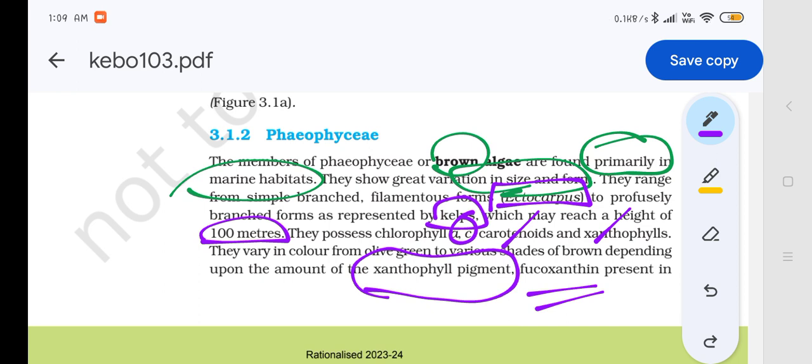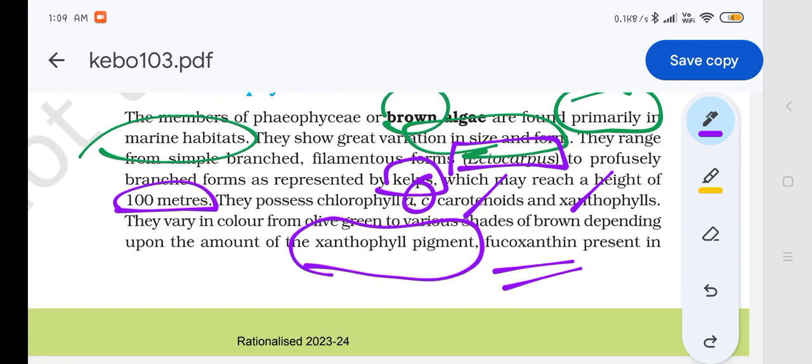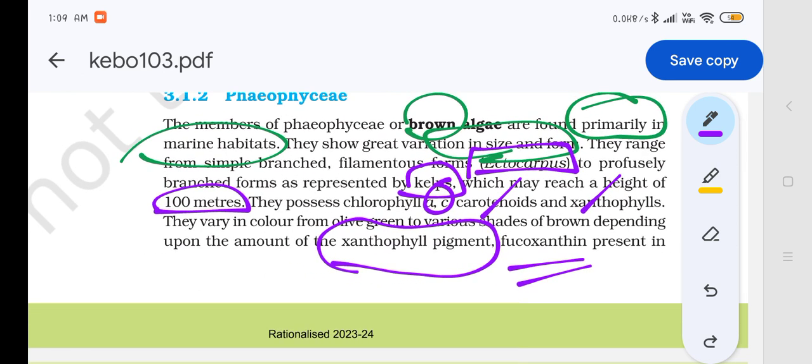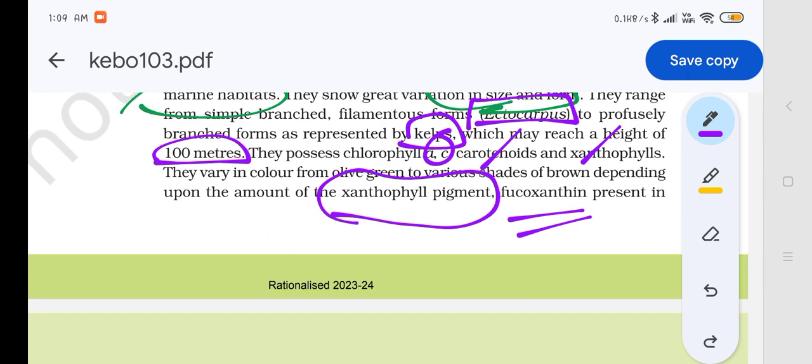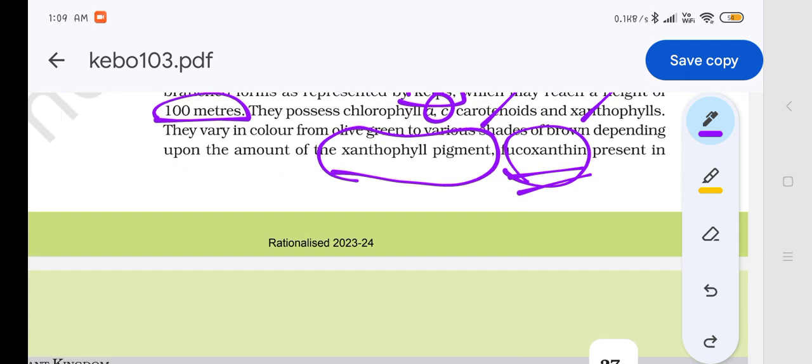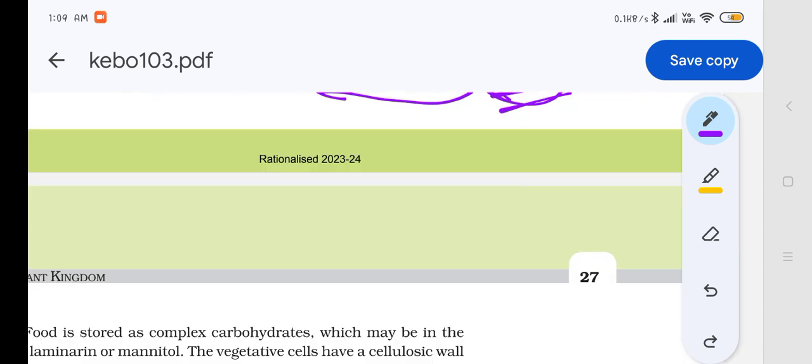They show great variation in size and form. Ectocarpus is simply branched, kelps are profusely branched and reach a height of 100 meters. Chlorophyll a, c, carotenoids, xanthophylls. Color varies from olive green to shades of brown because of the fucoxanthin present.